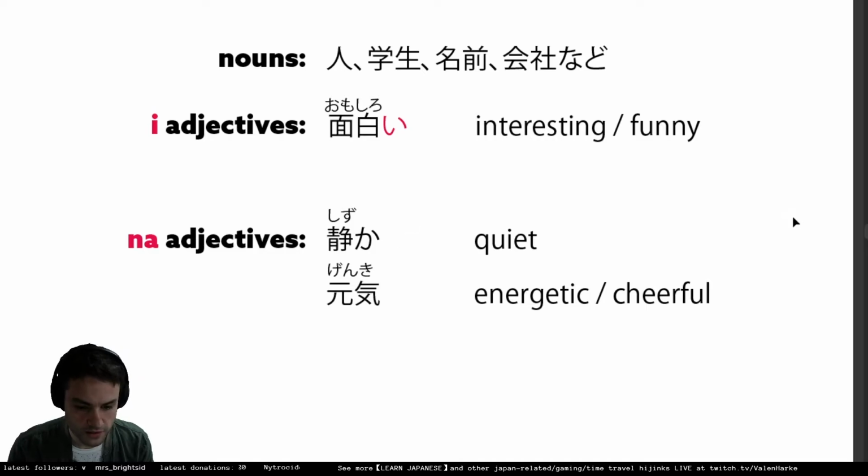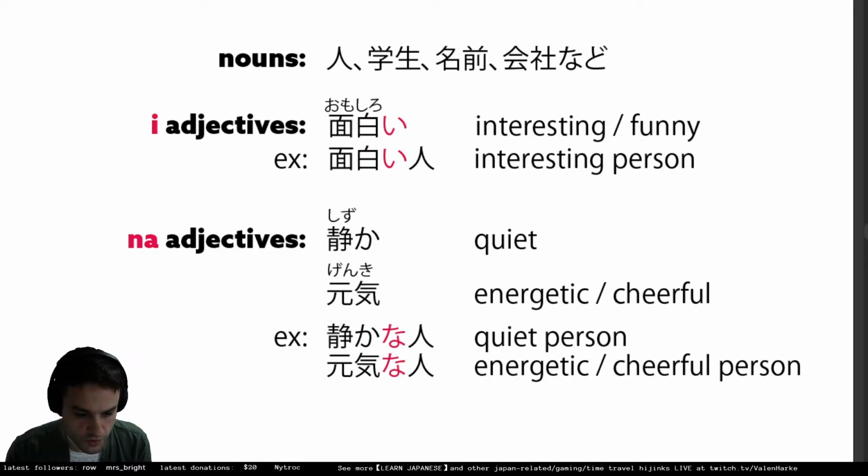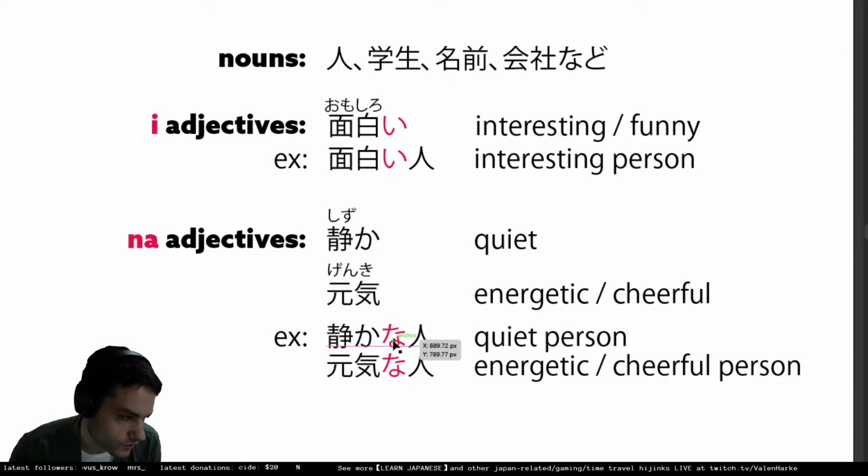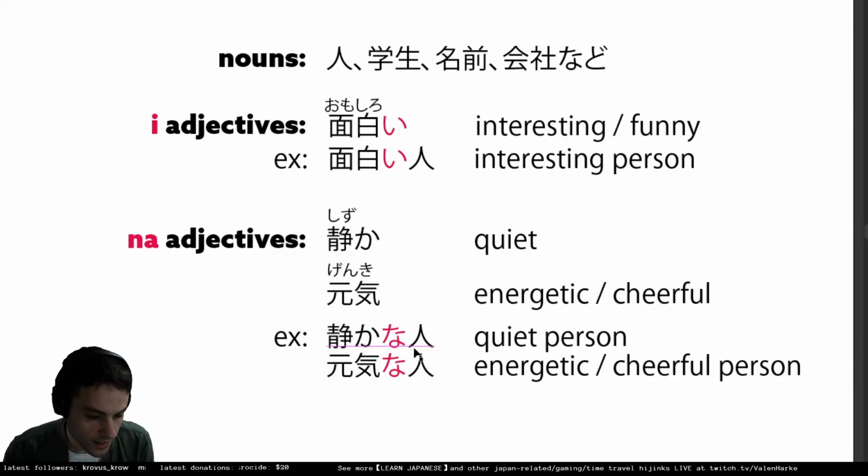All right, so let's throw the examples back on here real quick. You'll notice there it is. There's the beautiful magenta character. Shizuka na hito. Can we say the rest of that last sentence? Anata wa shizuka na hito desu. You are a quiet person.